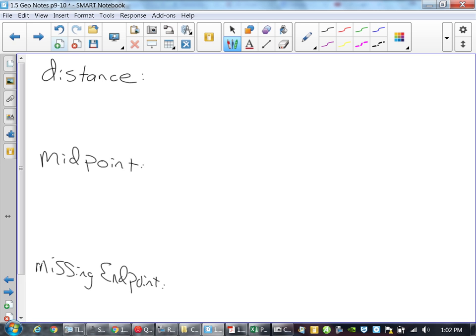So if we have the ordered pair, let's see, -4 and 3, 2 and -5, right? Yes. And what I want to do is I'm going to say that these are our 2 points, A and B, and we're going to find the distance between.